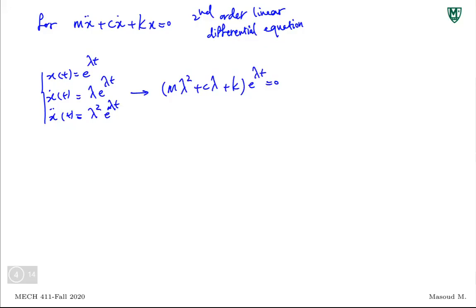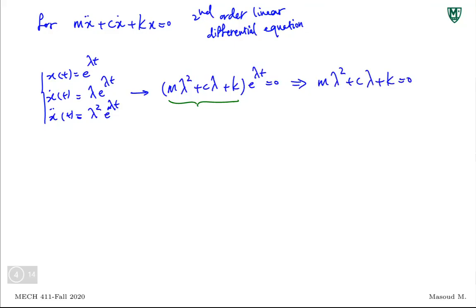Now, I have two elements multiplied and they become 0. We're not interested in when e to the lambda t becomes 0. We're interested in when this becomes 0. So from there, m lambda squared plus c lambda plus k is equal to 0.